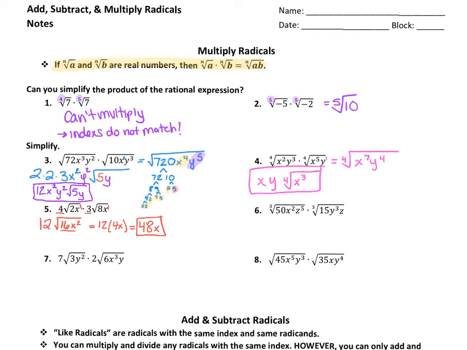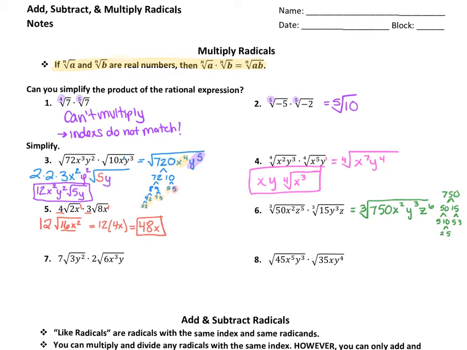All right, number 6. When I multiply them together, I'm going to get the cube root of 750x squared y to the 3rd and z to the 6th. If I want to break down 750, I know 15 and 50, then 5 and 10, 5 and 3, 2 and 5.